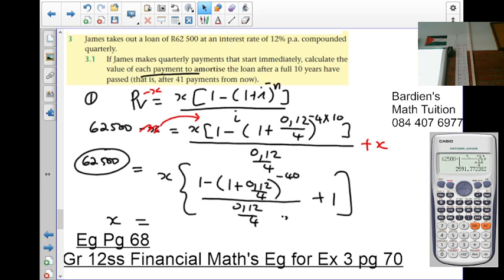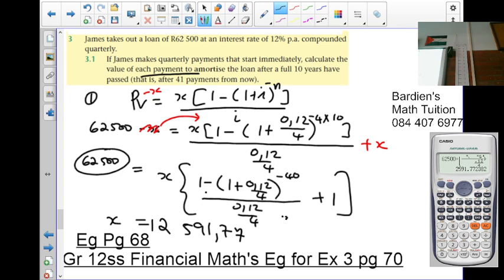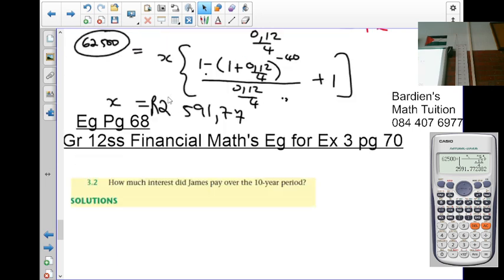So that gives you 2,591 rand and 77 cents. Okay, that is the first part of the question.